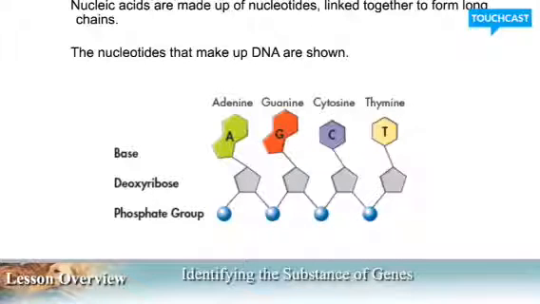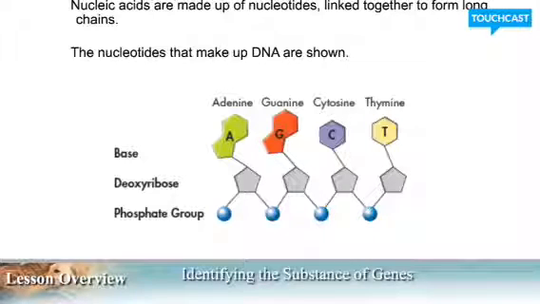Now, one phosphate group, one sugar, and one base, that's a nucleotide. Here, we have 4 types of bases in DNA: adenine, guanine, cytosine, and thymine. These are the 4 types of bases that are found in the DNA. Each base is attached to a sugar and phosphate backbone.